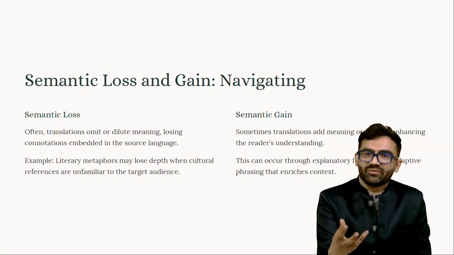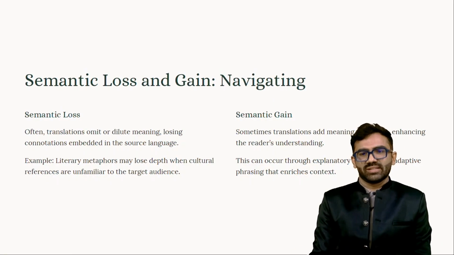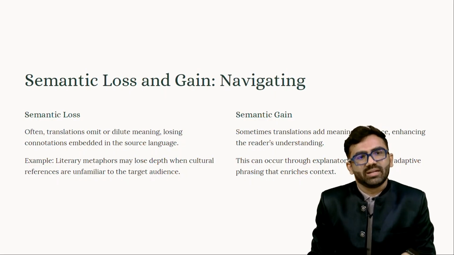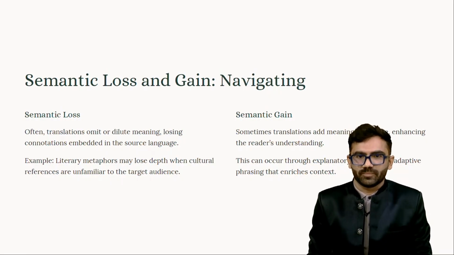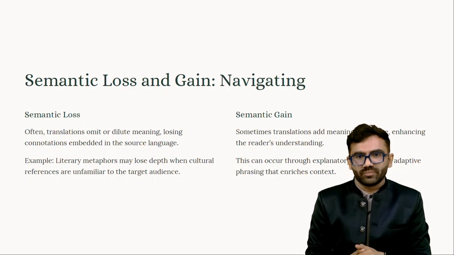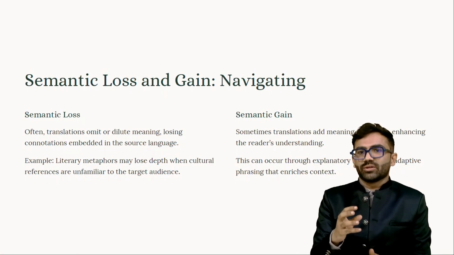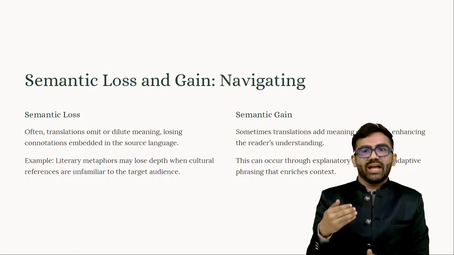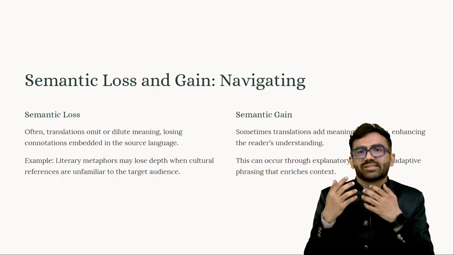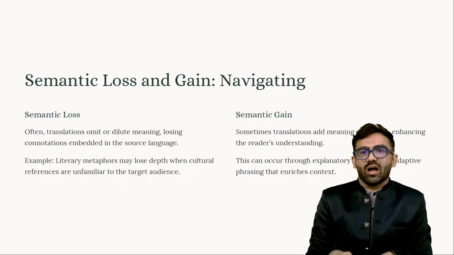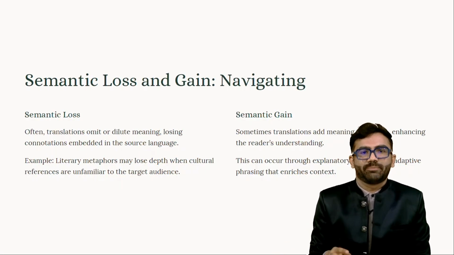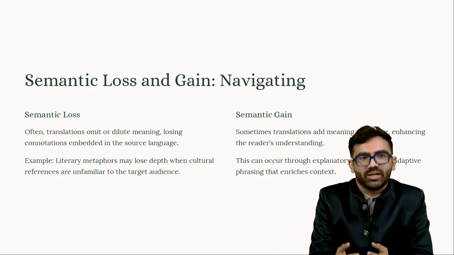The literary metaphors might not be there in the translation, we might give it in the footnotes. That's considered a semantic loss because they are unfamiliar. What is semantic gain? Sometimes translators add meanings and it enhances the reader's understanding. It can occur through explanatory, adaptive phrasing that enriches context.